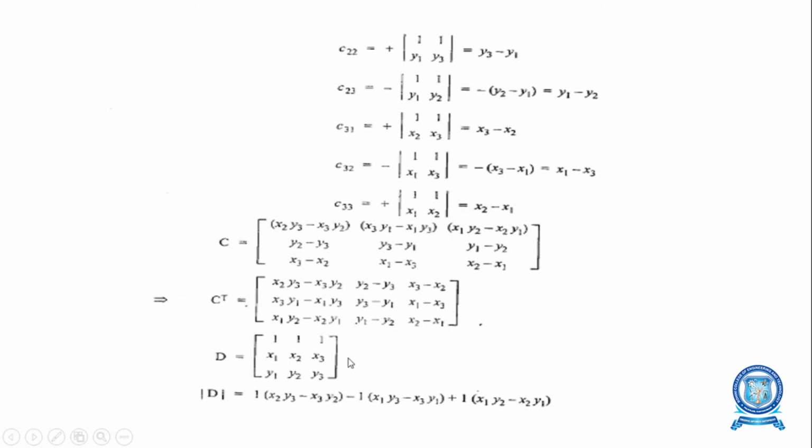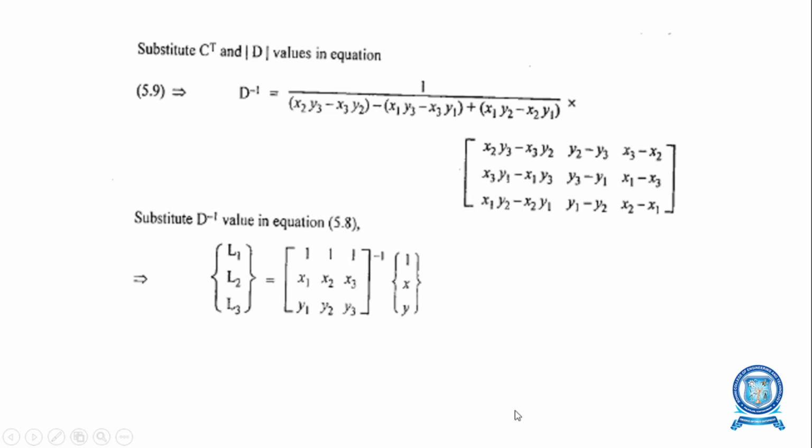Now D is equal to the matrix of 1 1 1, x1 x2 x3, y1 y2 y3. Now the determinant of D is equal to 1 into (x2 y3 minus x3 y2) minus 1 into (x1 y3 minus x3 y1) plus 1 into (x1 y2 minus x2 y1). Now we substitute the C power T and determinant of D values in the D inverse equation.